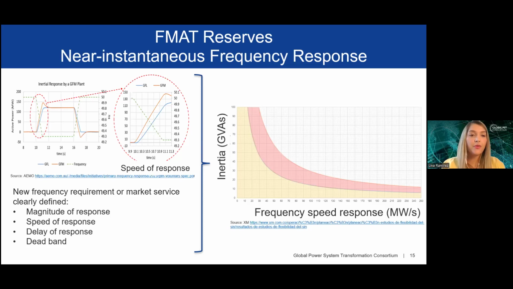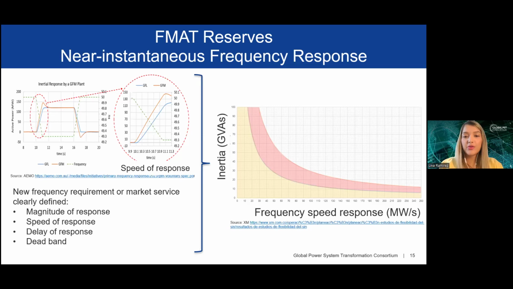For defining that new frequency requirement, it is important to define with the studies the magnitude of the response, meaning the amount of reserves that we require for the system, the speed of the response, and we are talking here about near instantaneous frequency response, so it should be really fast, and the delay of the response and the dead band that we need to consider.